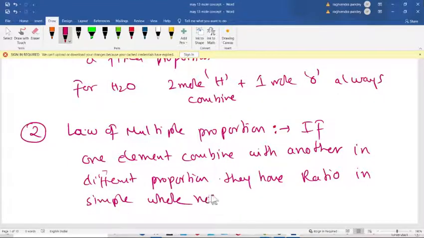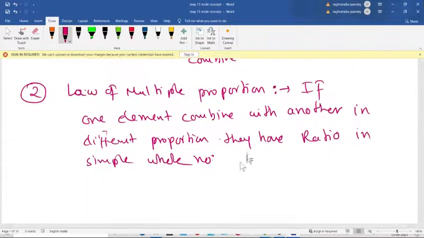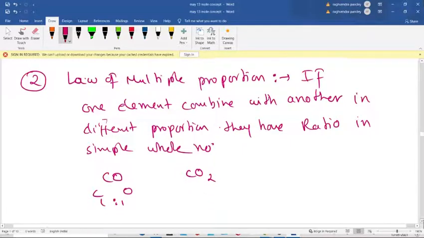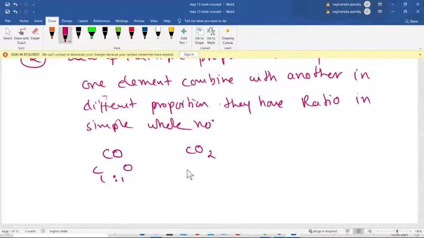Okay, but there are various definitions. Some definitions don't match this one, but don't go into the definition. Just understand this one. Suppose it is carbon monoxide and carbon dioxide. In carbon monoxide, carbon and oxygen are 1:1, and in carbon dioxide, carbon and oxygen are 1:2.